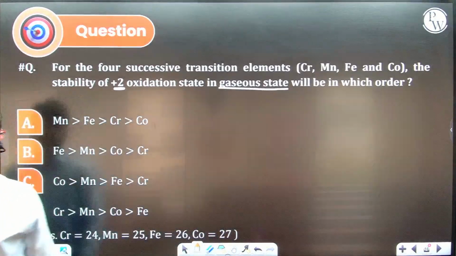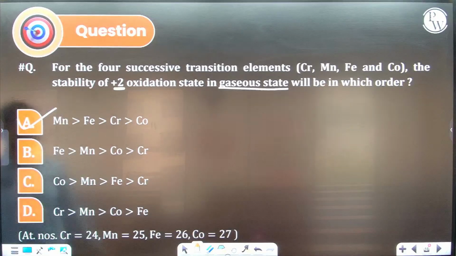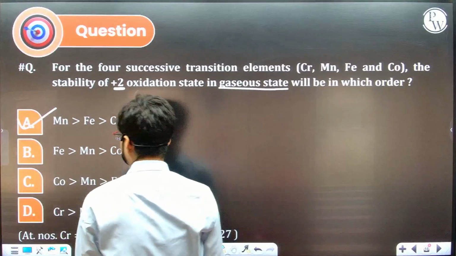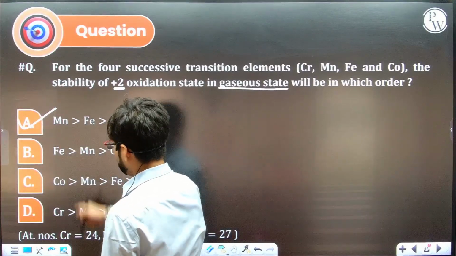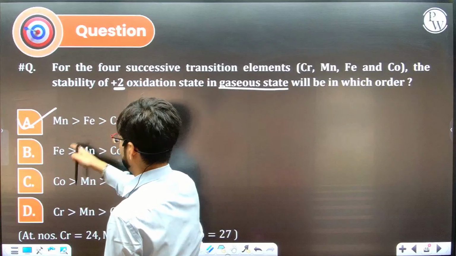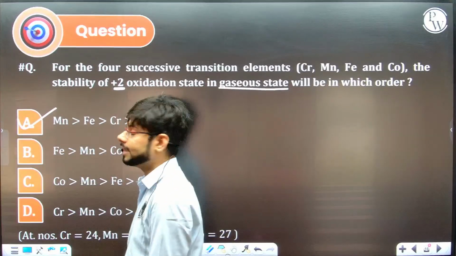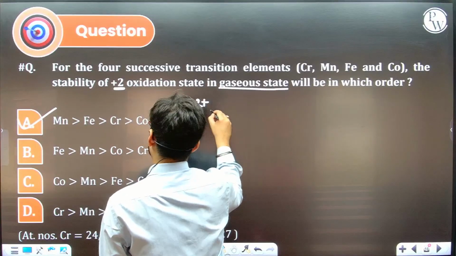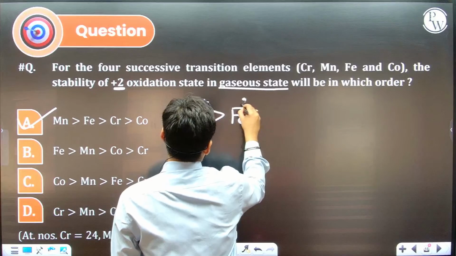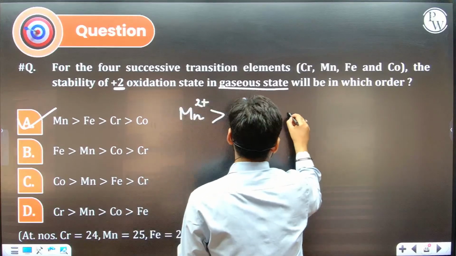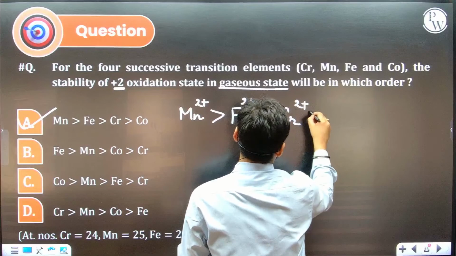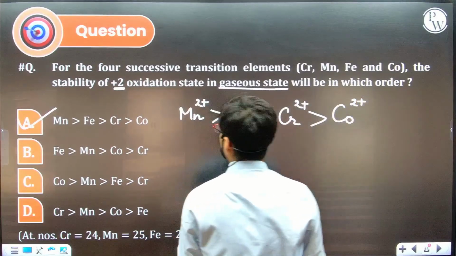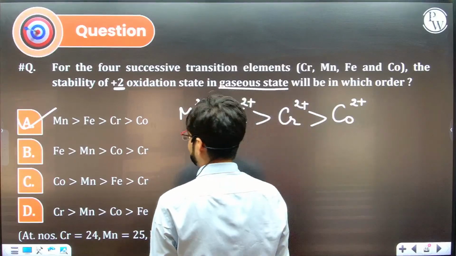The correct answer is A. We all know that Mn2+ is extremely stable. So, out of all of these, Mn is the most stable one. There is only one option where you have Mn in the beginning. There is no other option where the first element is Mn. So that means Mn2+ is more stable than Fe2+. Fe2+ is more stable than Cr2+, and Cr2+ is more stable than Co2+. Hence A is the correct answer, right?